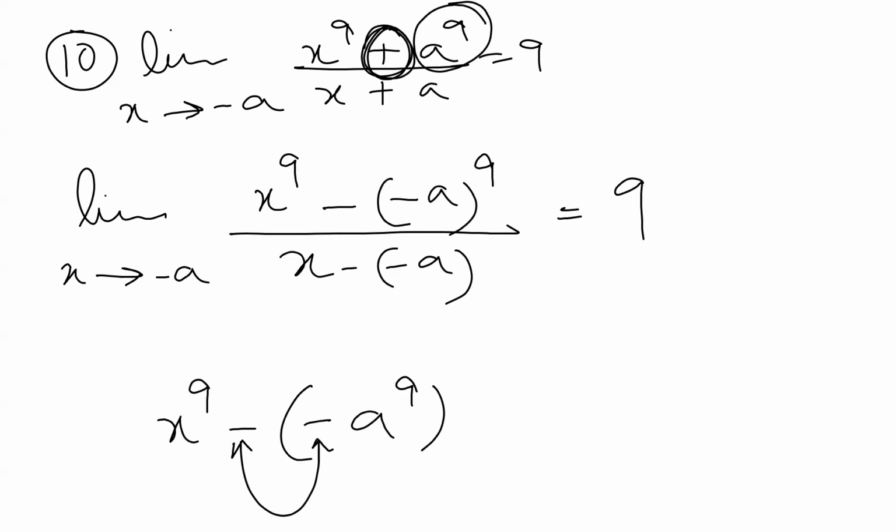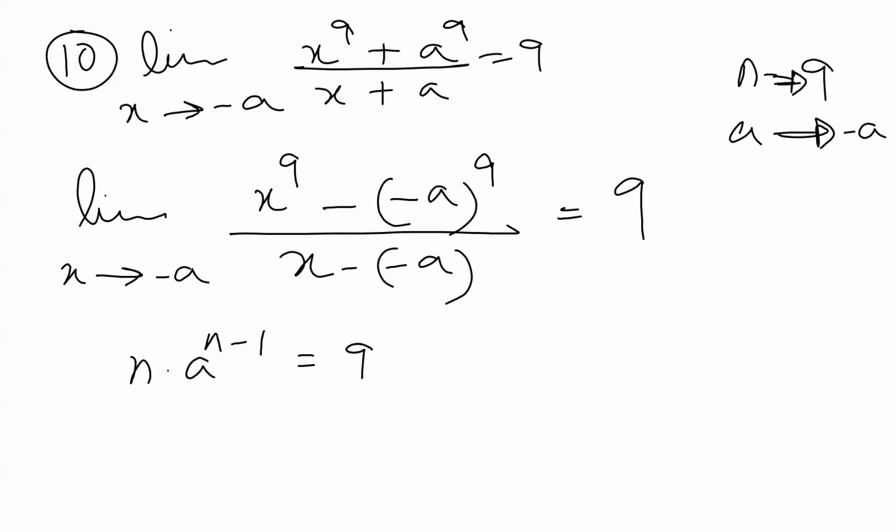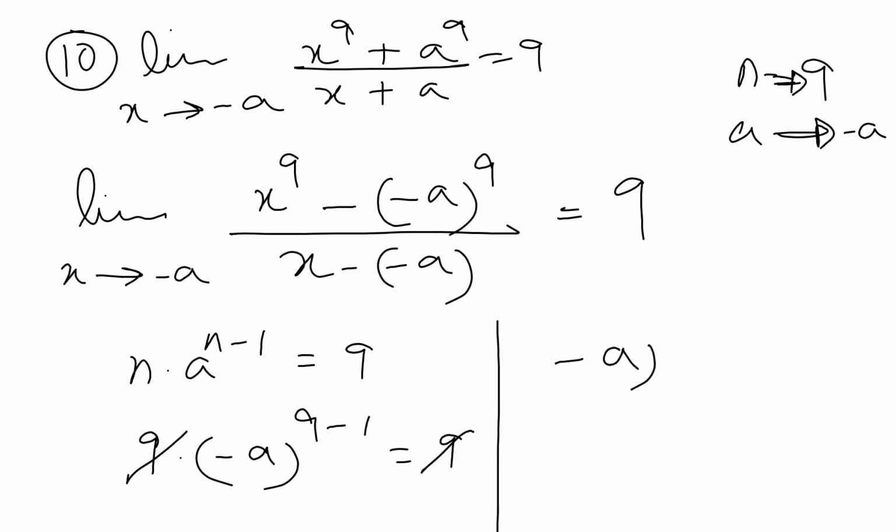Yes. So now apply the formula. n is 9. If you compare with the formula, a is minus a. So n into a raised to n minus 1 is equal to 9. What is n? 9 into minus a raised to 9 minus 1 equal to 9. 9 and 9 cancel because there was multiplication. Minus a raised to 8 is equal to 1.